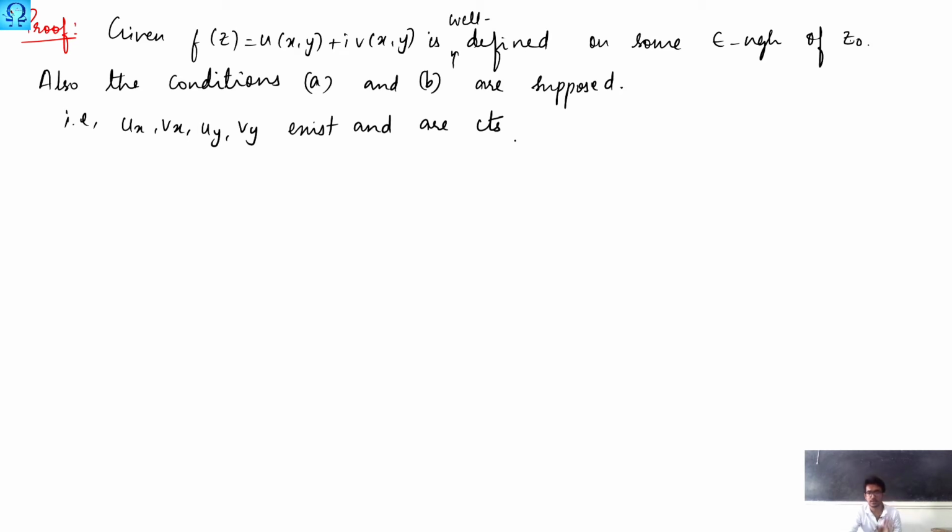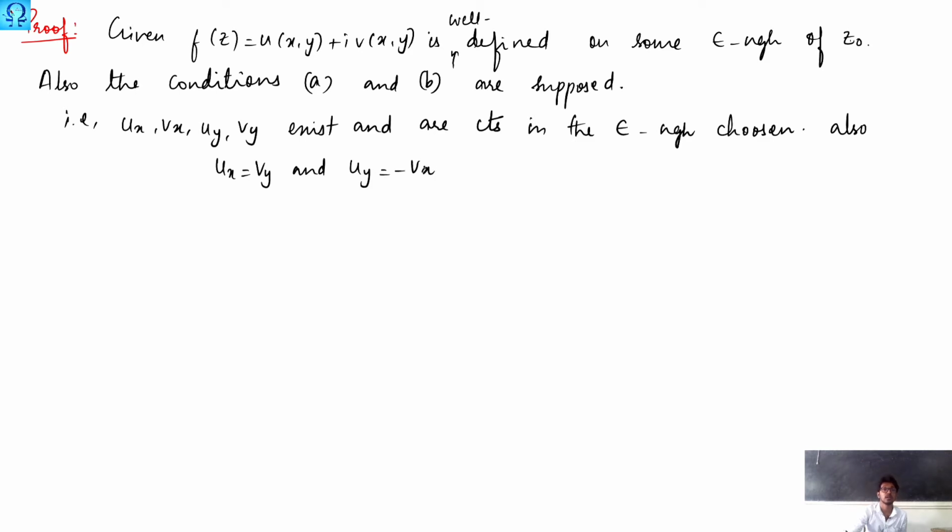They must exist and they are continuous in whatsoever epsilon neighborhood we have chosen. Also ux equals vy and uy equals minus vx. It also satisfies the CR equation. So we have written the suppositions. Now we are about to proceed.